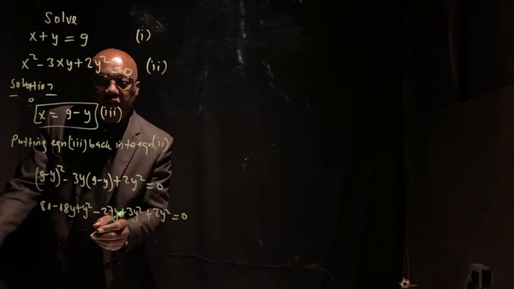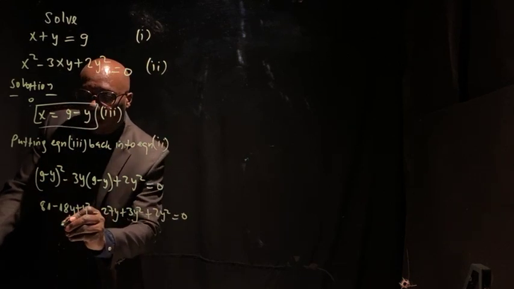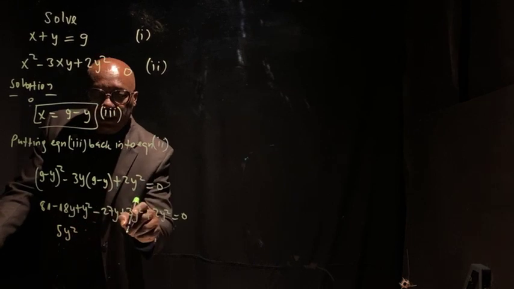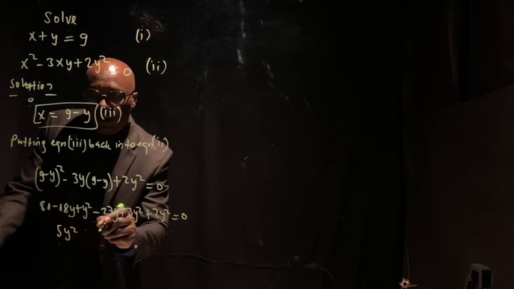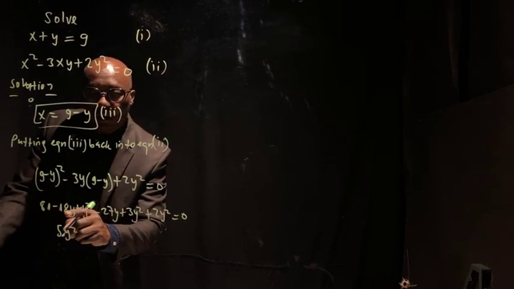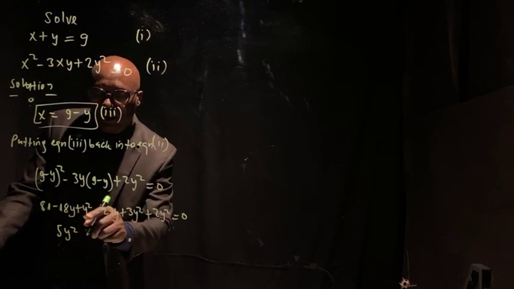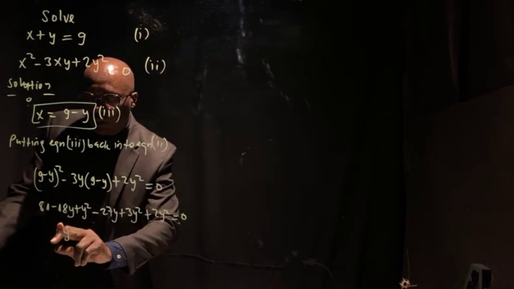Collecting the like terms together, we have y squared terms: this one, this one and this one, giving 6y squared.